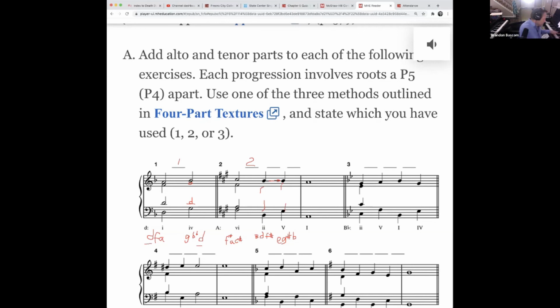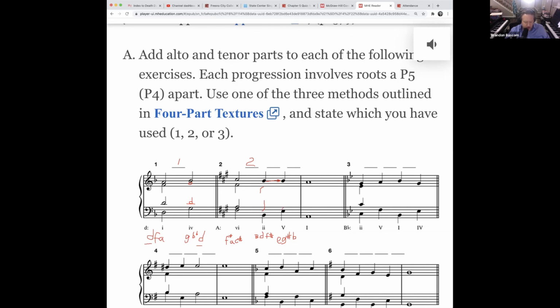Does that work? Ooh, I don't like it. Let's try the other way. What's the other way? Common tone stepwise motion.